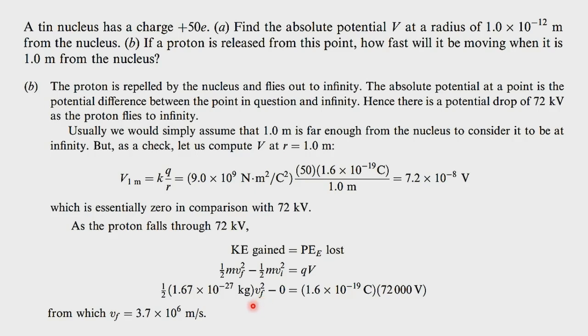If you wish to solve for the final velocity, you transpose all these values and take the square root, and our final V will be equal to 3.7 times 10 to the power of 6 meters per second. So that is extremely fast.